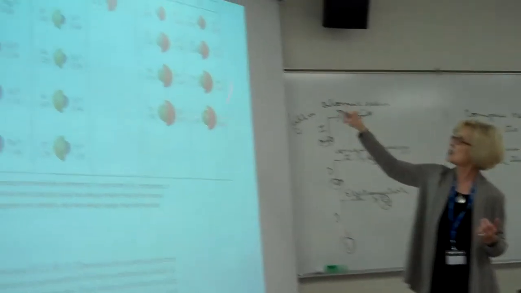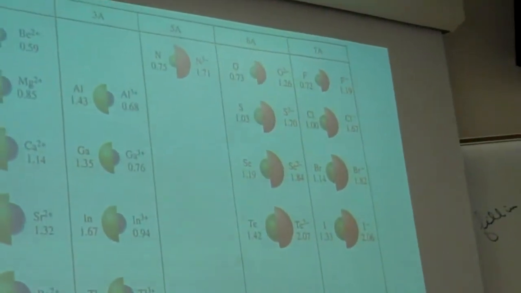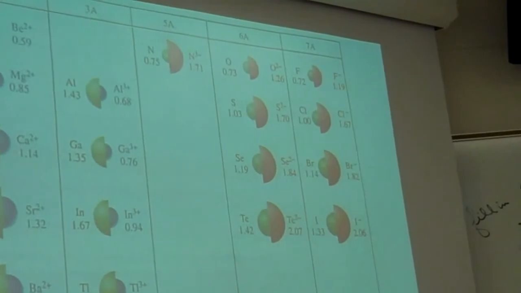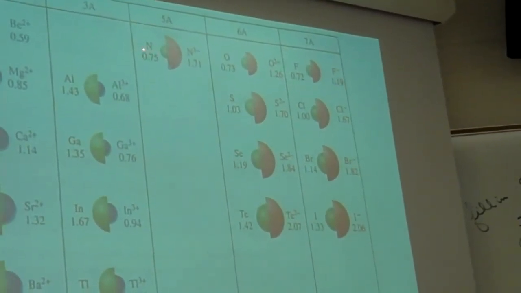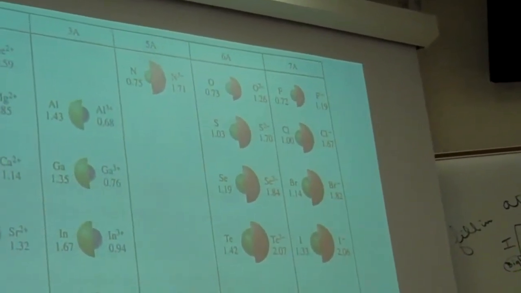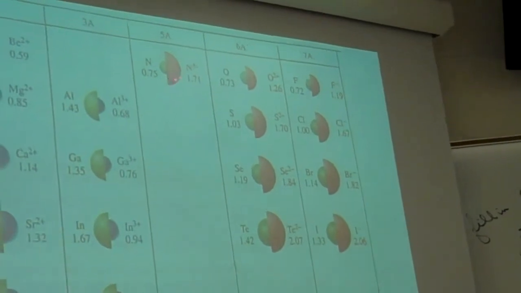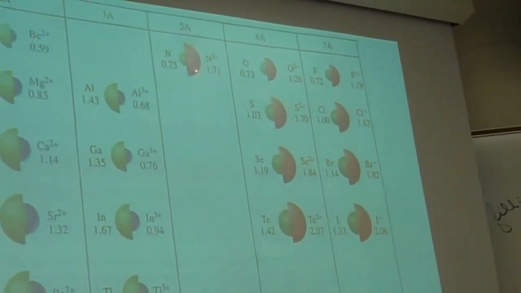Okay, then we come over to this side where we have 5, 6, and 7A. Remember, the guys up here tend to become anions. Those are the nonmetals. And they're showing you, when it's neutral, it's green. So they kept the same color code they did over here. But when you picked up, in this case, 3 electrons, lots of repulsion.